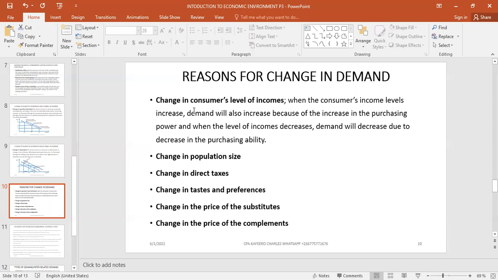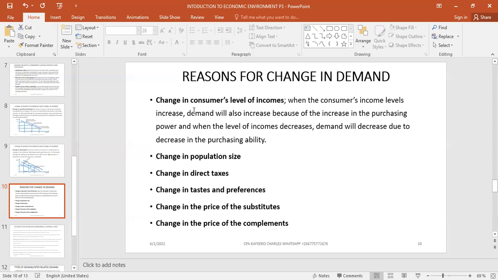As for the level of income, we are saying when the consumer's level of income increases, then the demand will increase. Why? Because there will be an increase in the purchasing power of the people, or for the employees or consumers.